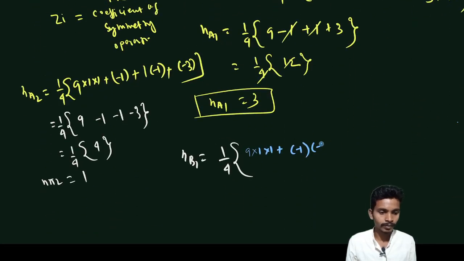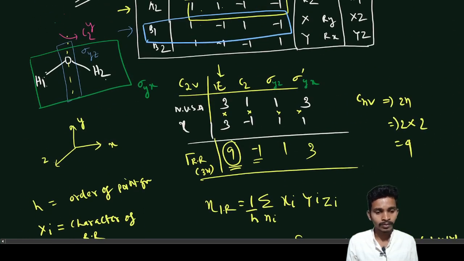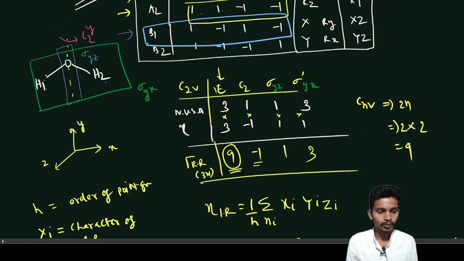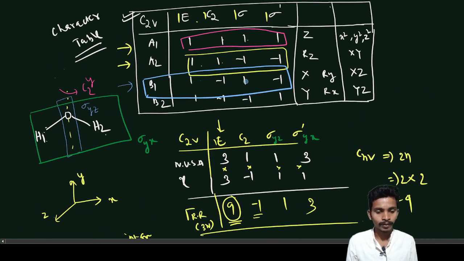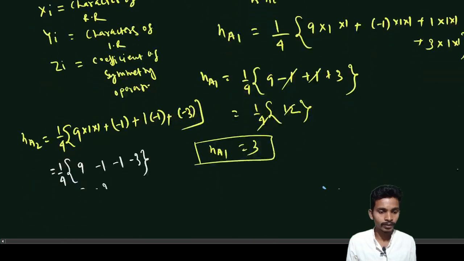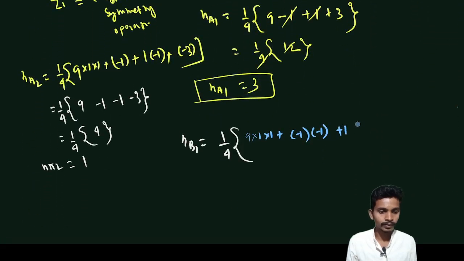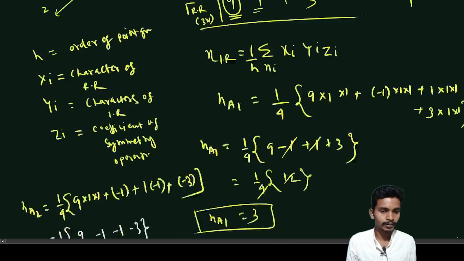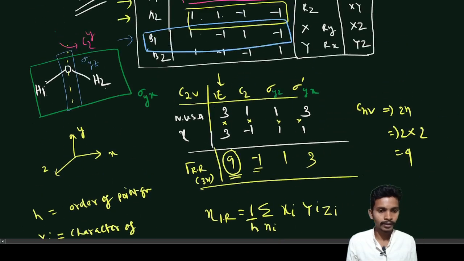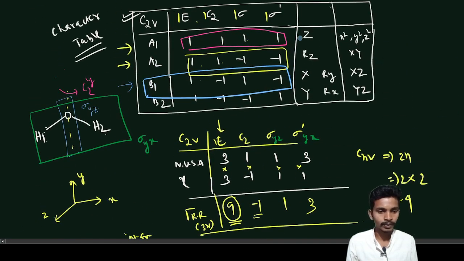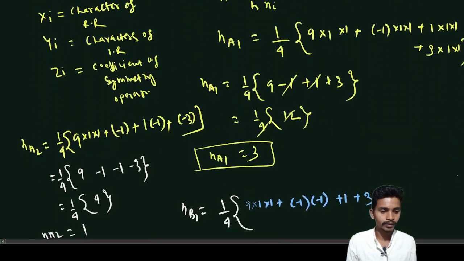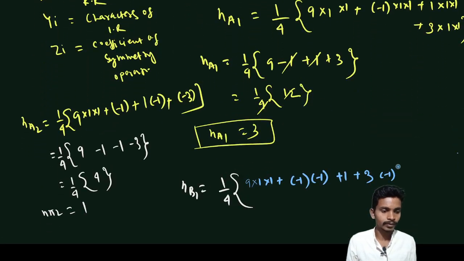So this is again minus 1. After that, coefficient is always 1, so I'm taking that one. This is 1, and this is 1, and this is 1, so this value comes to be 1. After that another is 3, this value is 3, and that characters are minus 1 and 1. So I will get here minus 1.